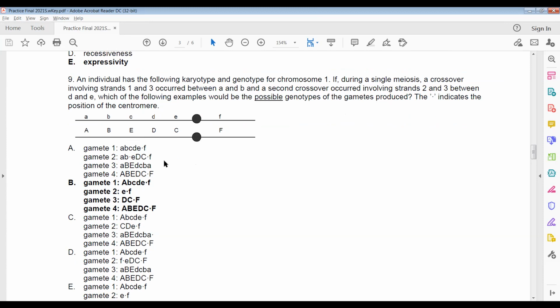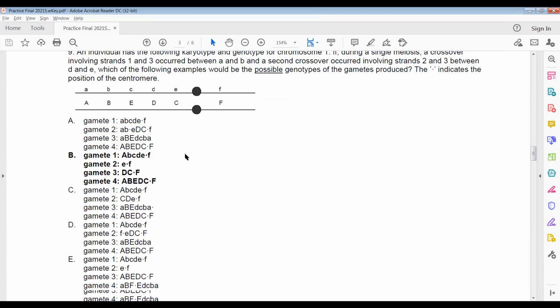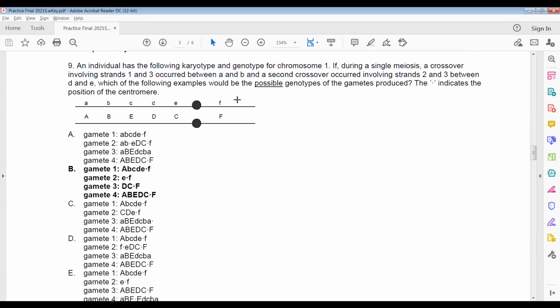The question is, if you have a heterozygous genotype like this and this individual is going to produce gametes, which of the following gametes can result?